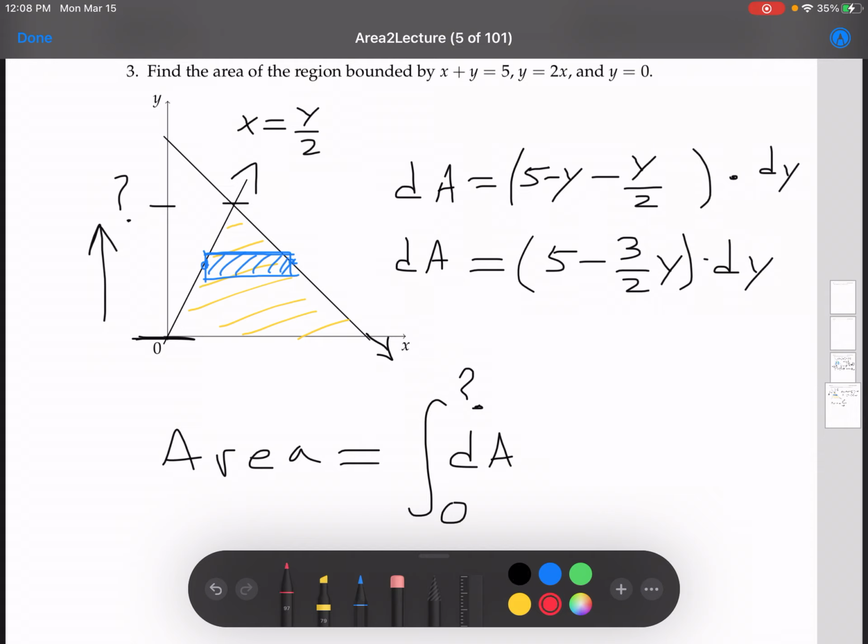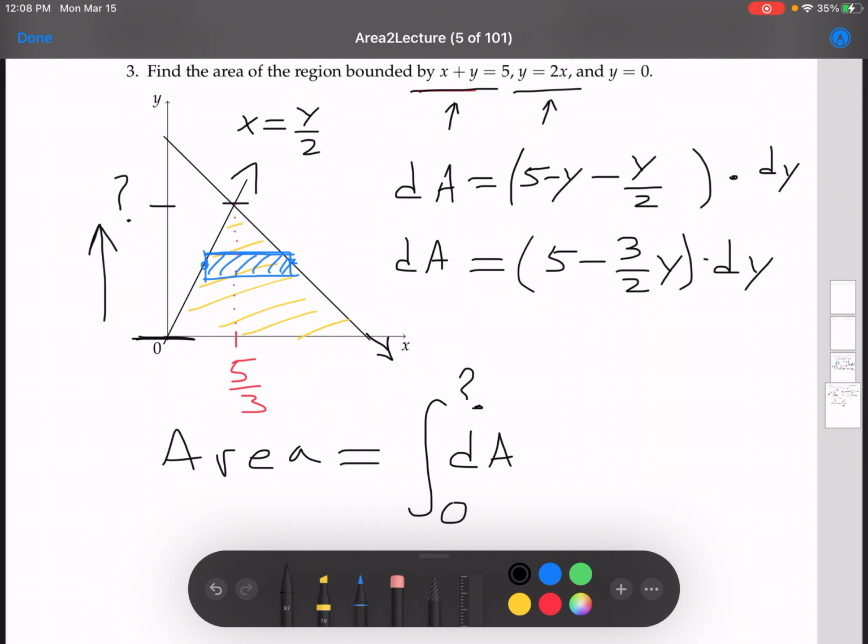Now remember, from the previous video, we found that these two lines, x plus y equals 5 and y equals 2x, cross when x is 5/3. So if they cross when x equals 5/3, then to find the y value where they cross, we can just plug x into either one of these two functions or lines, same thing.